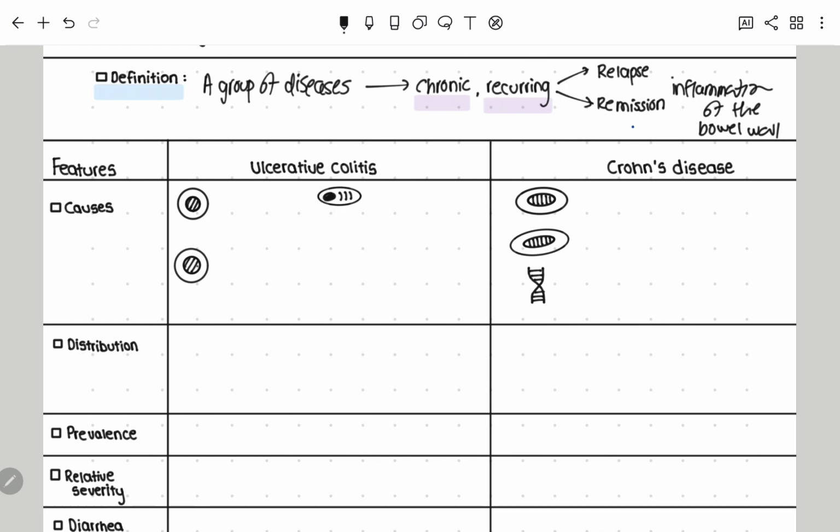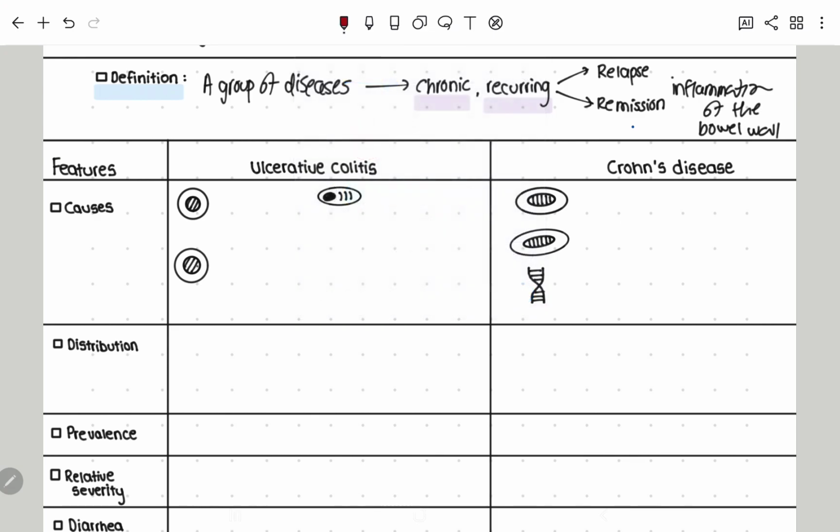So it does correlate with defective immunity, meaning that a patient who does present with this may have some genetic predisposition to the disease, and there may be environmental triggers that are also relevant to causing both of these diseases. And in some cases it also has to do with the disbalance of the microflora of the GI tract.